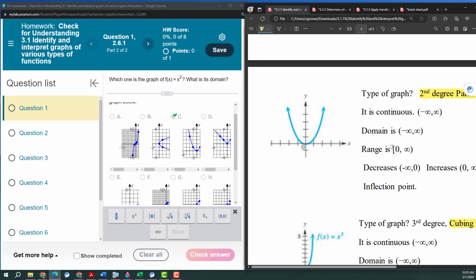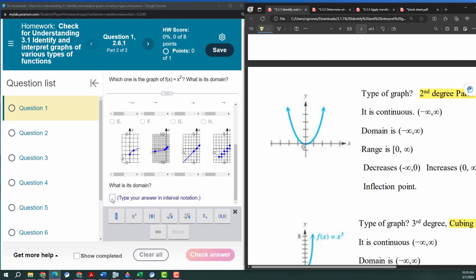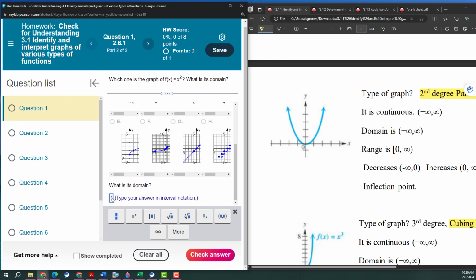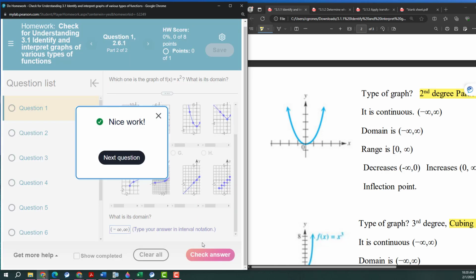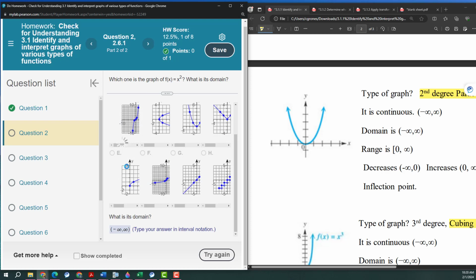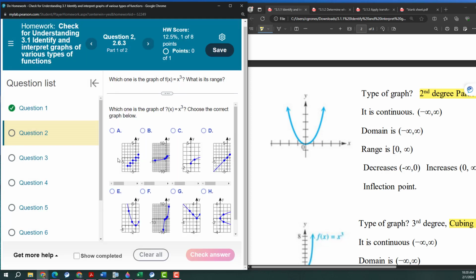The range is from 0 to infinity. So let me go ahead and type this in. Negative infinity to infinity. Enter. All right, so that one I guess only asks the domain. It doesn't ask about the range.